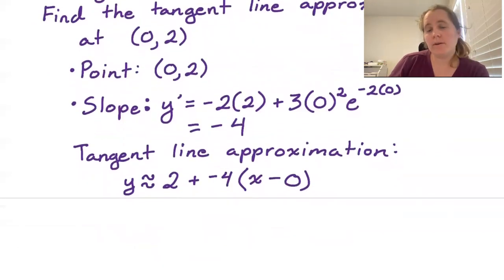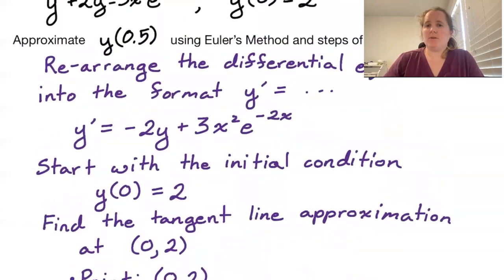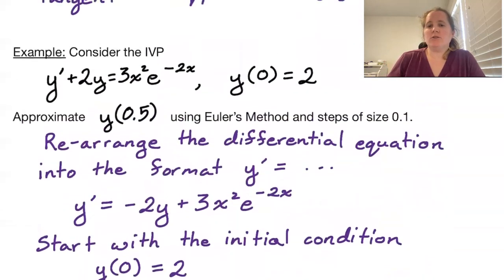And now we are going to move by our recommended step. So if we look at the initial problem, we are asked to consider steps of size 0.1. So we are going to look one step past that initial x value of 0.